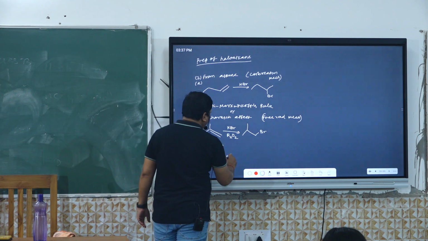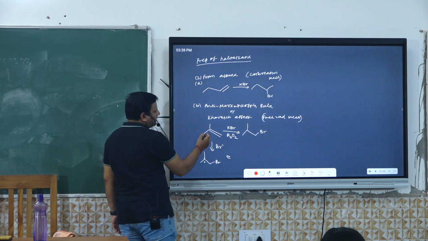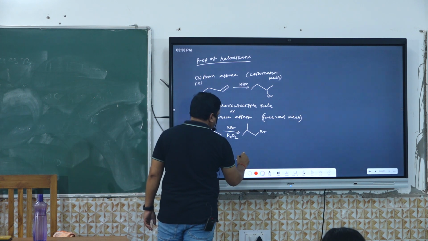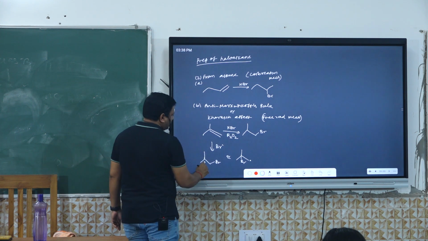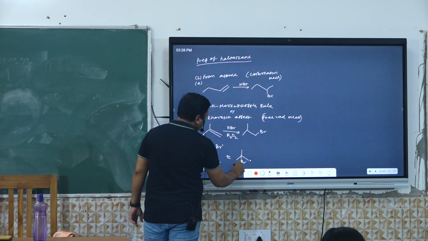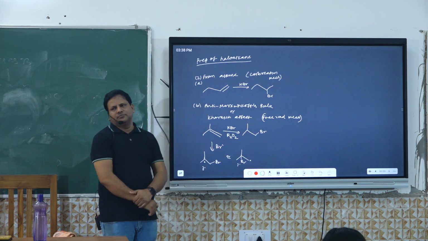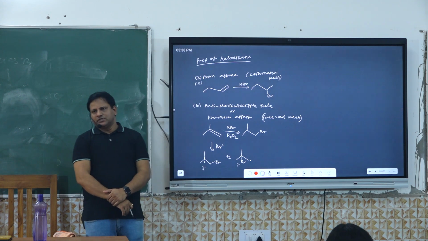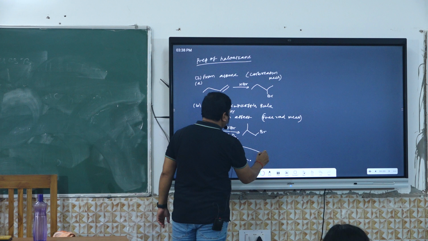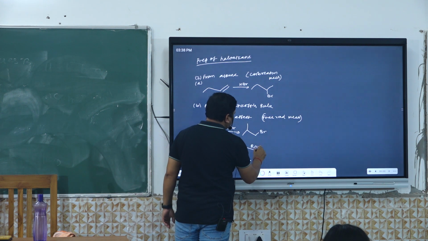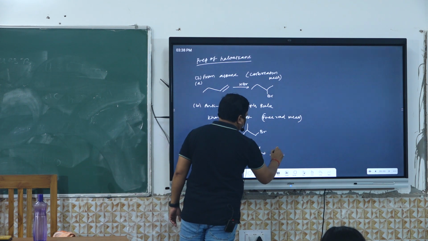If it attacks the other carbon, this is the free radical formed. This is tertiary, this is primary. Which free radical is more stable? Of course, tertiary. Since tertiary is more stable, it leads to the final product formation by picking up hydrogen.